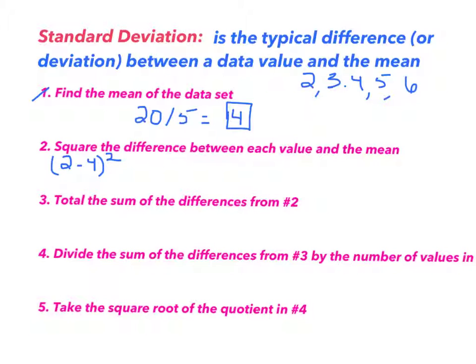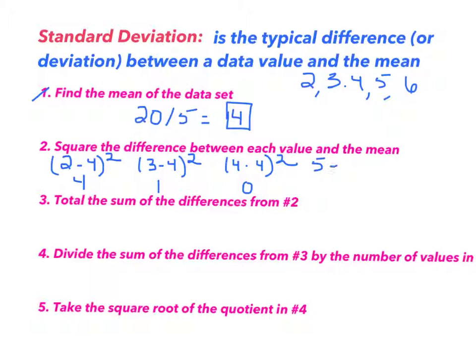That would be negative 2 squared, which is 4. Then we take the next value, subtract the mean, and square it. That would be negative 1 squared, which is 1. Take the next value, subtract the mean, and square it. So that's 0 squared, which is 0.